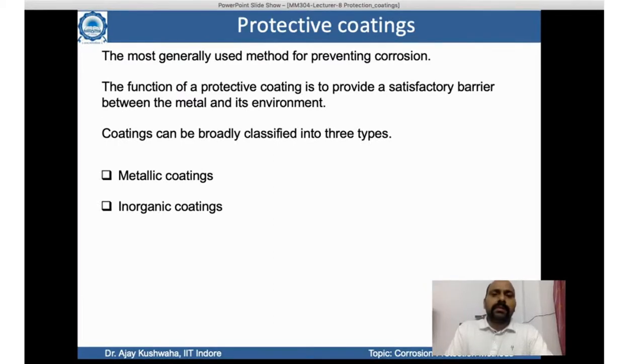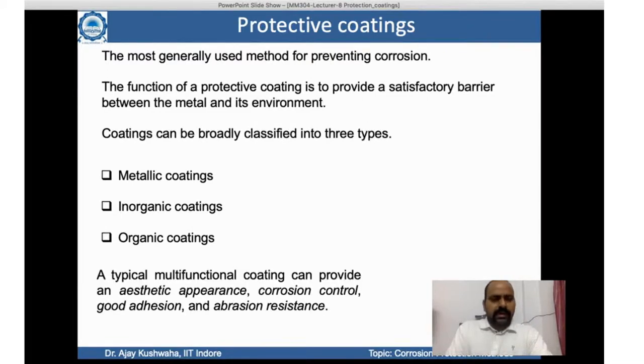Inorganic material can be coated, called inorganic coating, and of course if organic material is coated over the metal or alloys, then these are organic coatings. A typical multifunctional coating can provide an aesthetic appearance, corrosion control, good adhesion and abrasion resistance.